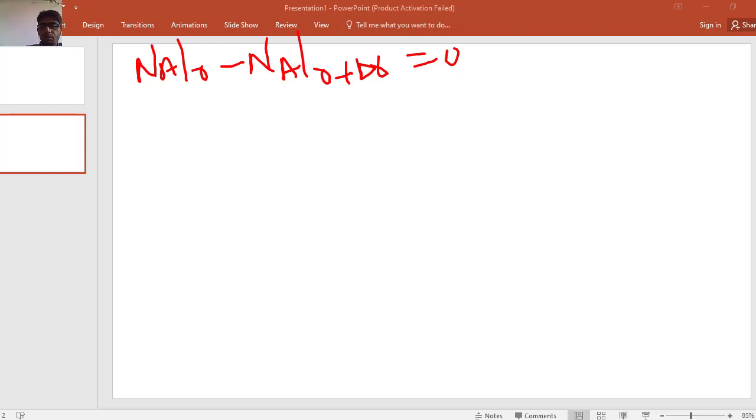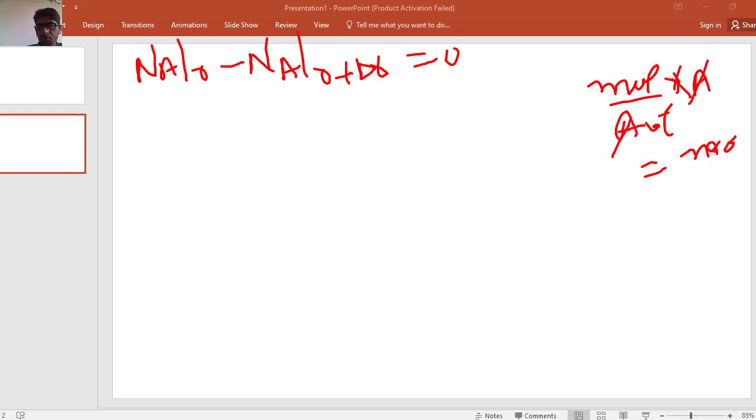We know that the flux is nothing but moles per unit area per unit time. When it is multiplied by the area through which the component is passing, we get the molar flow rate, moles per unit time, which is denoted by N.